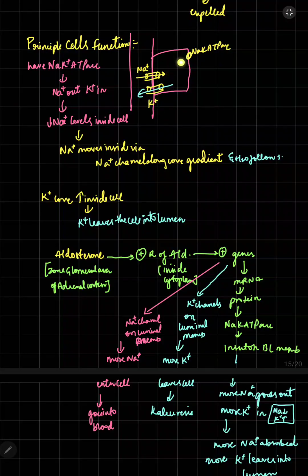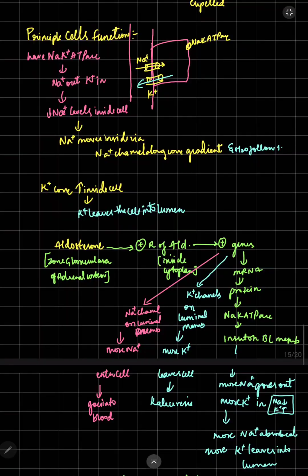So when the concentration of sodium in the cell decreases, this favors movement of sodium from the luminal fluid into the cell. In this way, sodium is reabsorbed, and as the potassium concentration increases in the cell, potassium is excreted into the urine, okay?